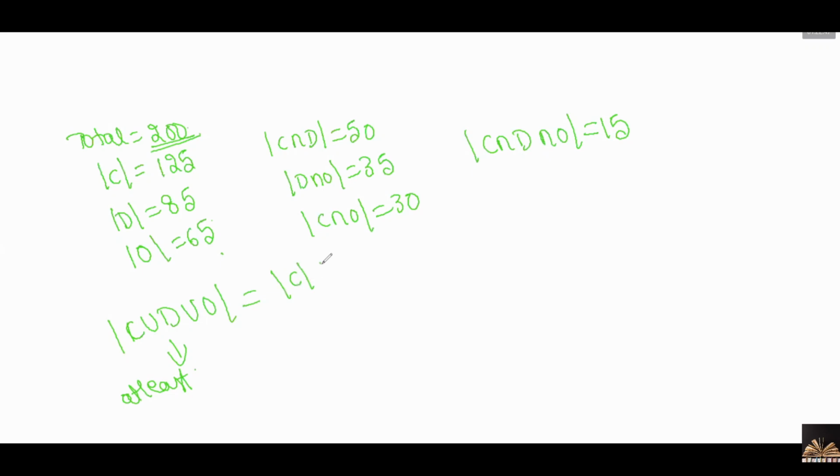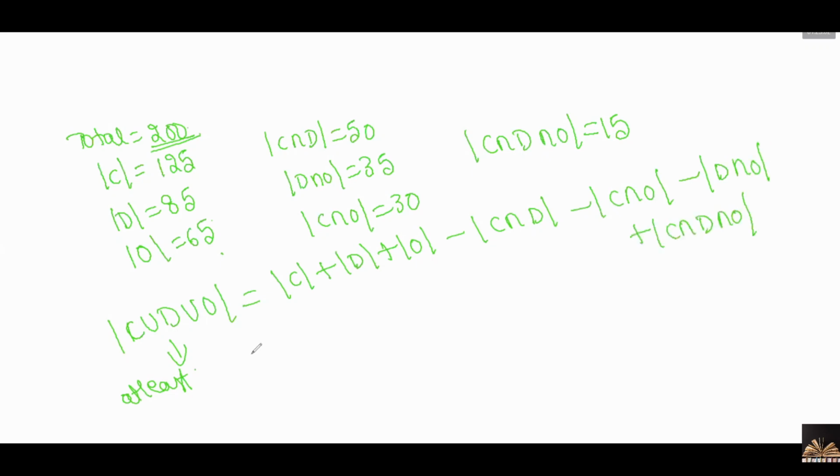So this is equal to C plus D plus O minus CD minus CO minus DO plus C and D and O. You just substitute the values: 125 plus 85 plus 65 minus 50 minus 30 minus 35 plus 15.